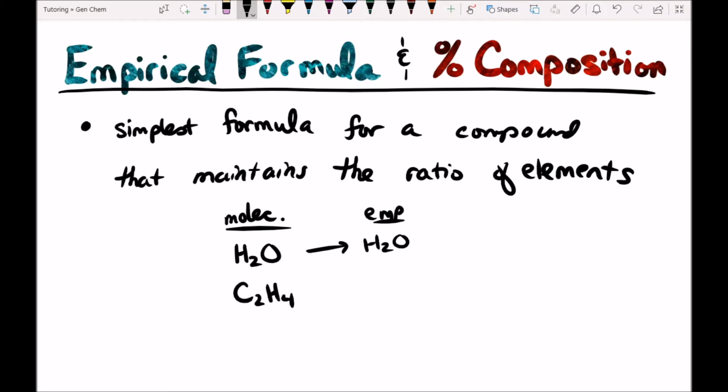For C2H4, we can simplify that down to CH2. So the ratio of C to H is identical between the two, but the empirical formula is the simplified version, if possible, for the ratio of elements in the molecular formula.